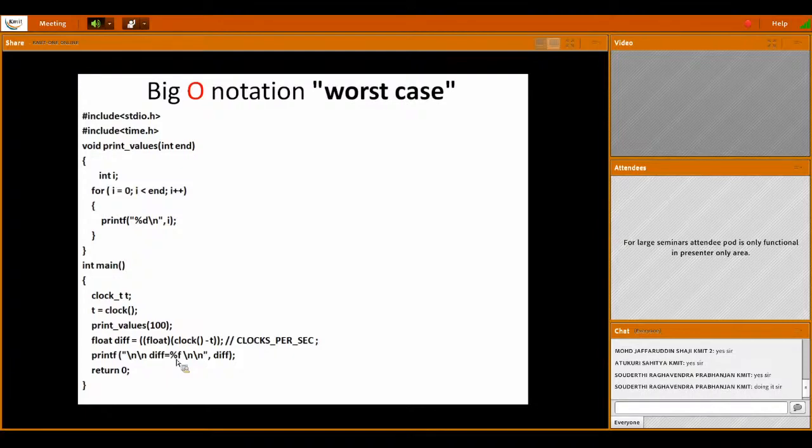Okay, do it. Anybody who executes, the last output, that is the diff. Please type it out. How much is your time? 52 is Rohan's time. Okay.